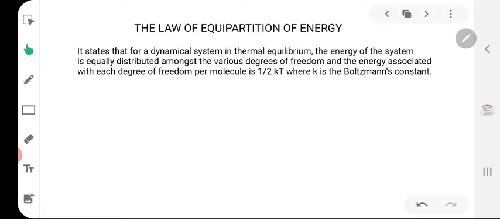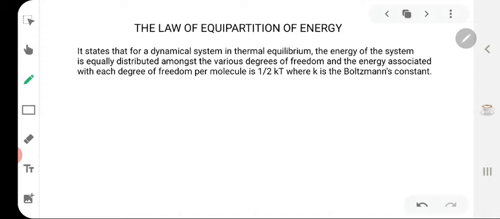Now, let us consider 1 mole of a monoatomic gas in thermal equilibrium at temperature T. Now, each gas molecule has 3 degrees of freedom due to its translational motion.